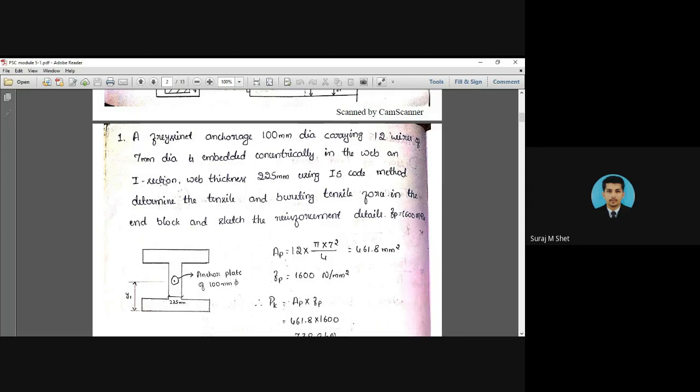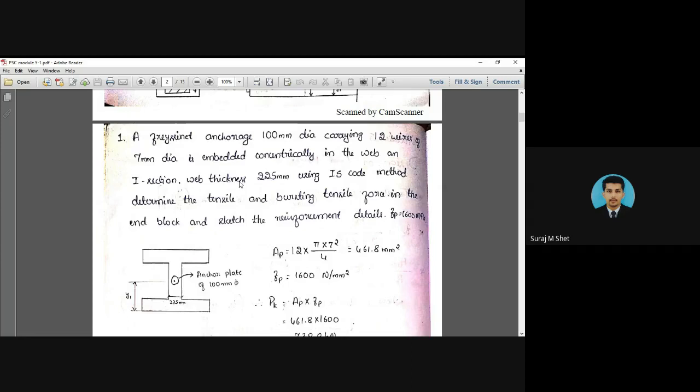In that I section, they are providing a 100 mm dia plate. This is your I section. This is a circular plate they are using. So this anchor plate contains 12 wires of 7 mm dia embedded eccentrically in the web of the I section.